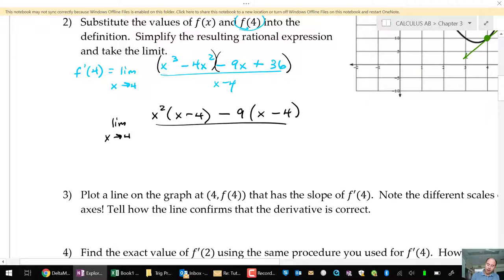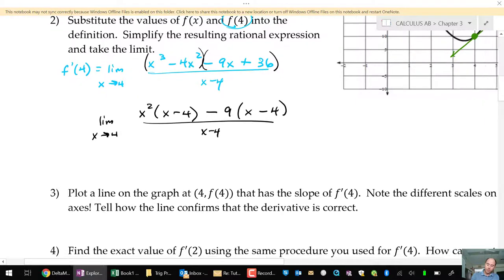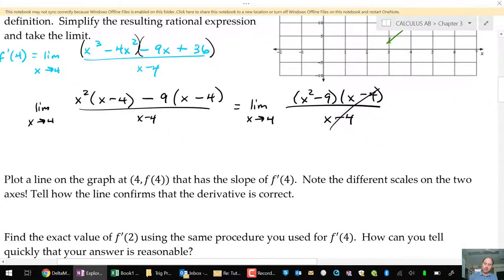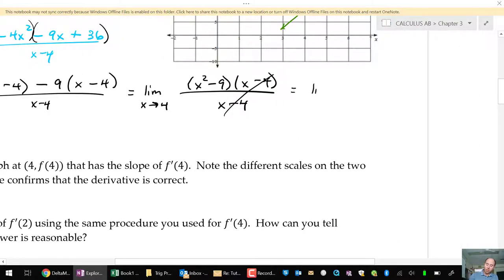All that is divided by x minus 4. Carry with you the limit notation. I'm just factoring by grouping in the numerator here. But that was really helpful because look now, x minus 4's can cancel, and I'm left with the limit as x approaches 4 of simply x squared minus 9.